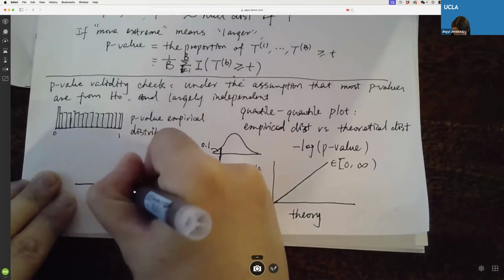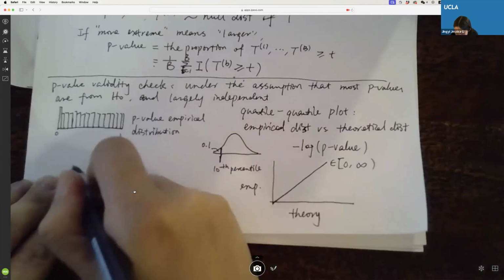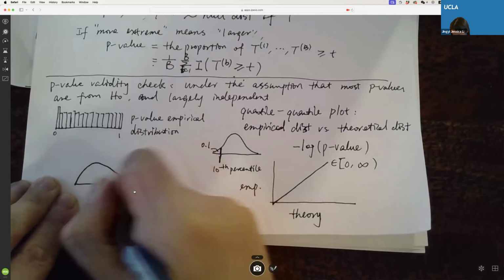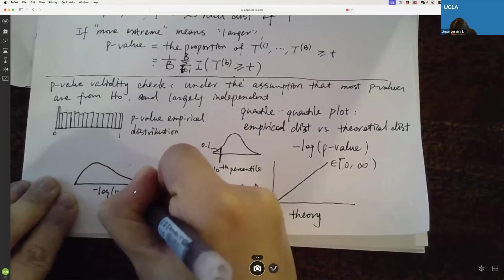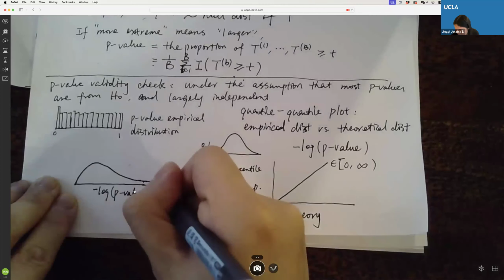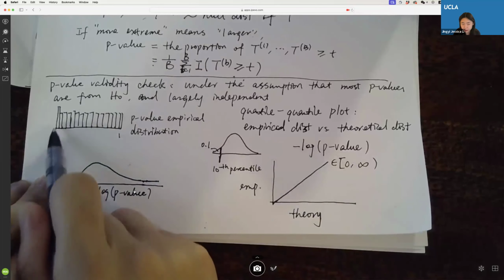Suppose that, let me just plot one plot to help you understand the quantile plot. One line is what we have as the empirical distribution. Let me call this negative log p-value. So I have some large values in the right tail, meaning these are the original very small p-values.